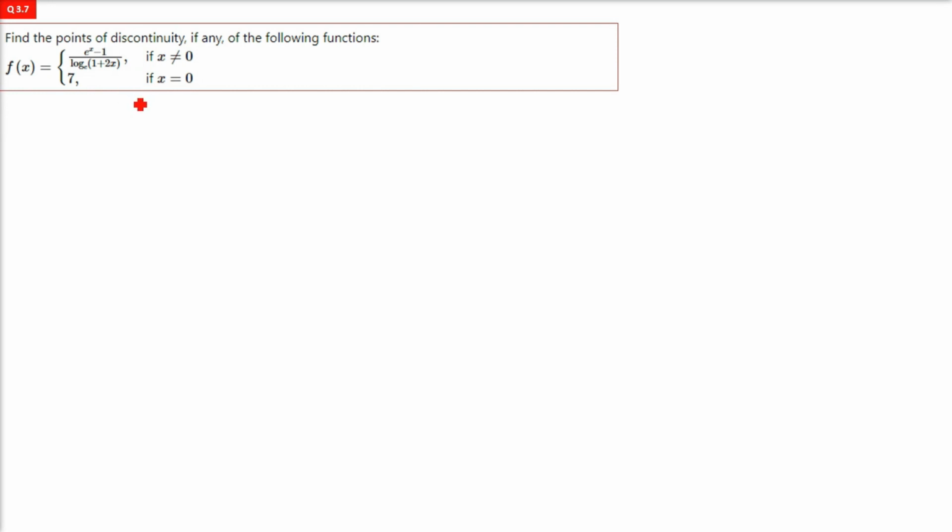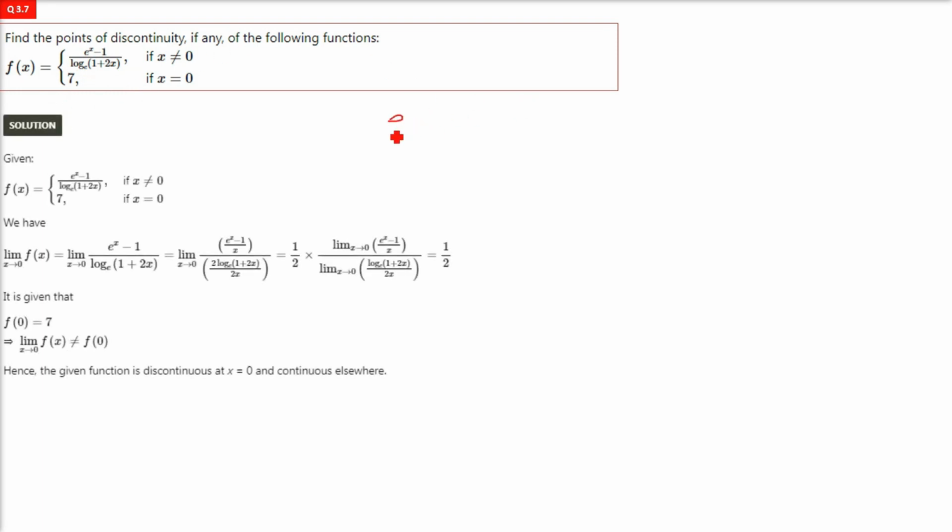Find the points of discontinuity, if any, for the following functions. Now for discontinuity or continuity, first we need to know what functions are being given in the question. The question is saying e to the power x minus 1. But we know that e to the power x by itself is continuous. Log x is by itself continuous.